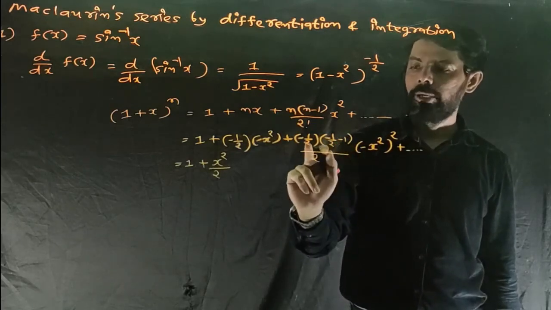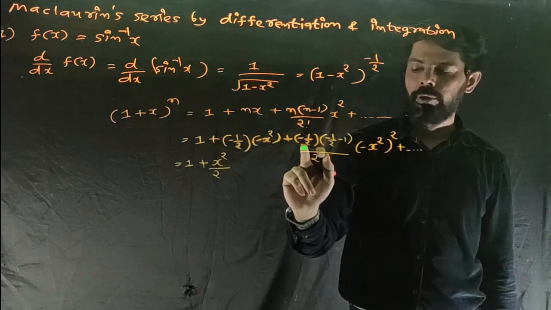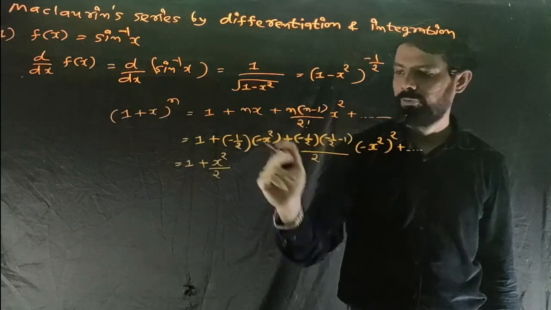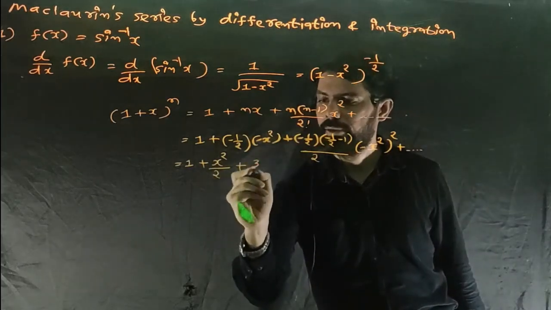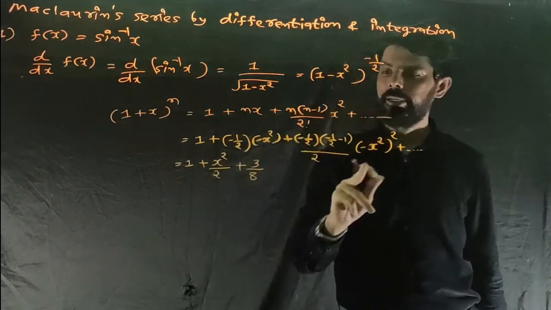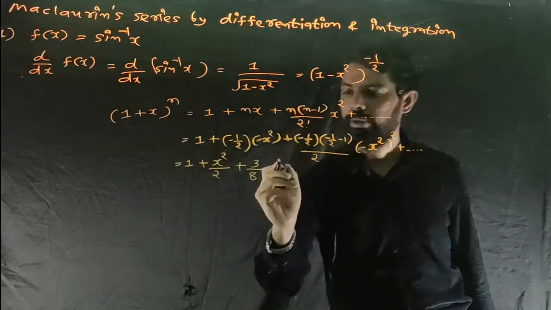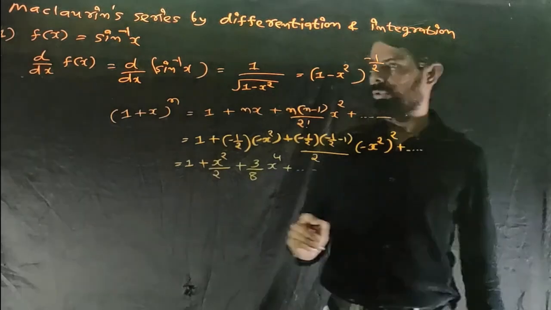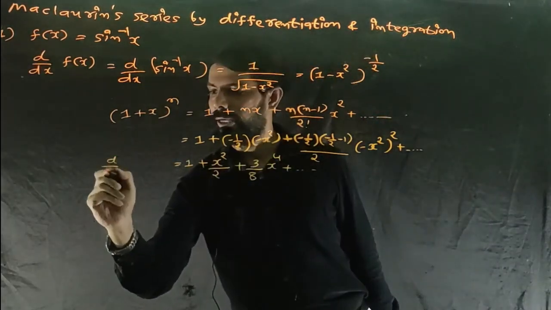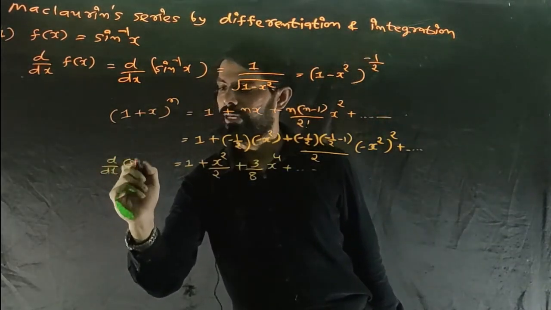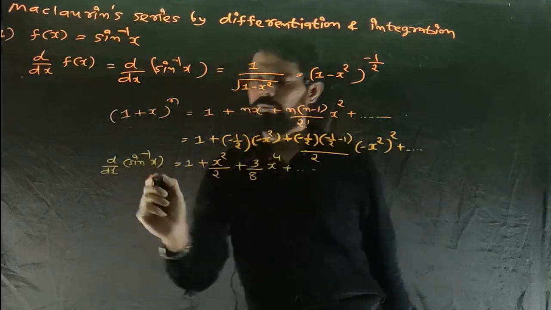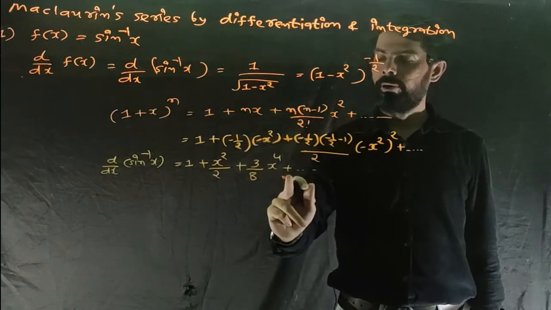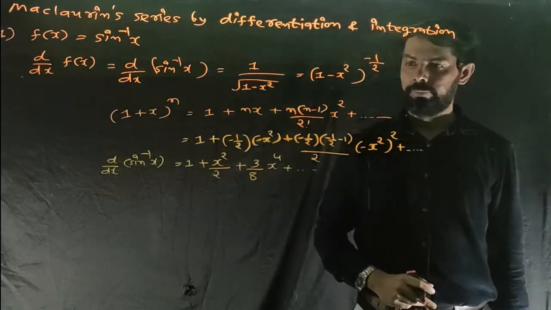Minus 3 by 2 into minus 1 by 2 will be 3 by 4, and divided by 2 it will be 3 by 8. Then minus x square whole square is x raised to 4 plus so on. So d by dx of sin inverse x is equal to 1 plus x square by 2 plus 3 by 8 x raised to 4 plus so on.